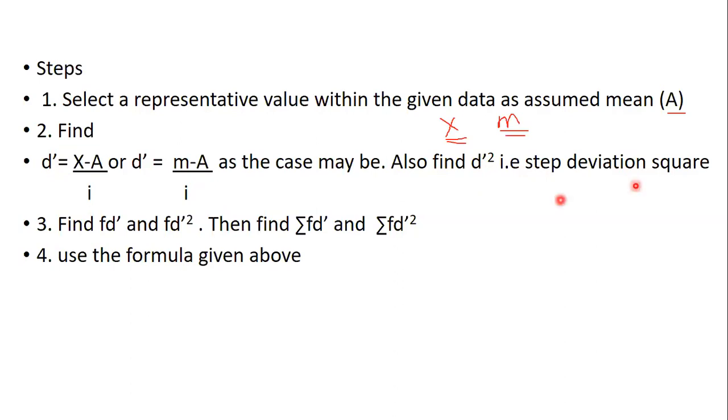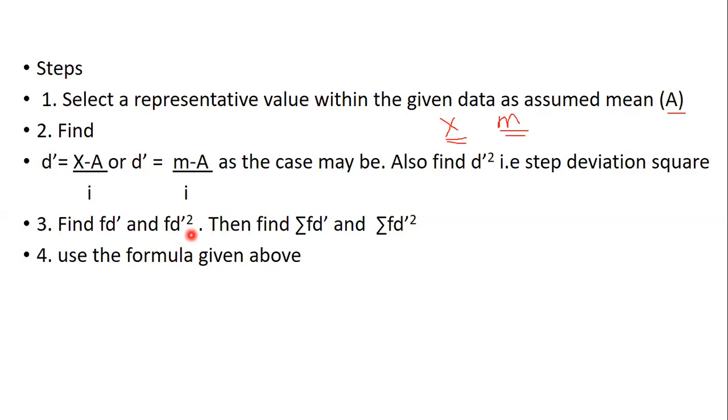Next, find fd dash and fd dash square. What you have to do is multiply d dash into frequency and d dash square into frequency. So multiply frequency into d dash to get fd dash. Multiply frequency into d dash square to get fd dash square.